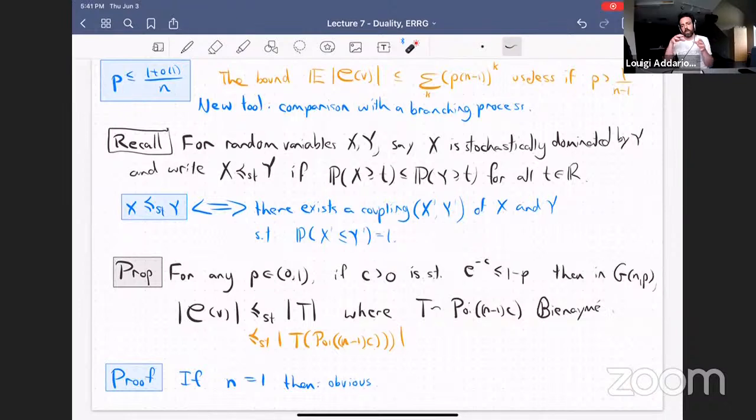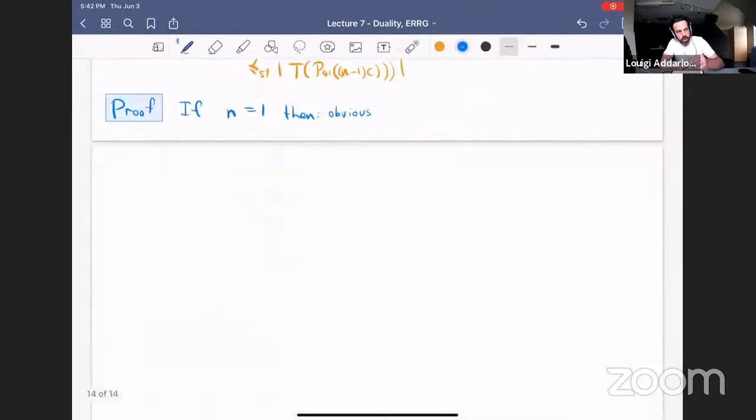And then in the iteration, if I think about exploring the rest of the graph, then n has gone down because the rest of the graph has fewer vertices. So if I get a stochastic domination with a smaller value of n, that's only better because I've reduced the mean of the Poisson branching process. And I'll use without comment later that if I look at the size of a Poisson branching process with some mean lambda, then increasing the mean lambda just stochastically increases the size of the Poisson branching process. Okay, so that's how the proof is going to go.